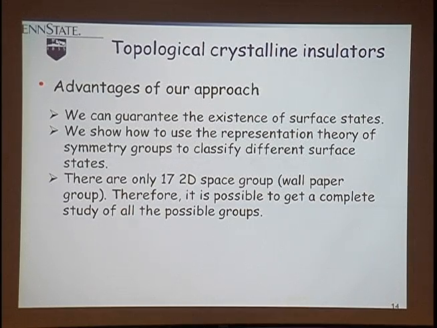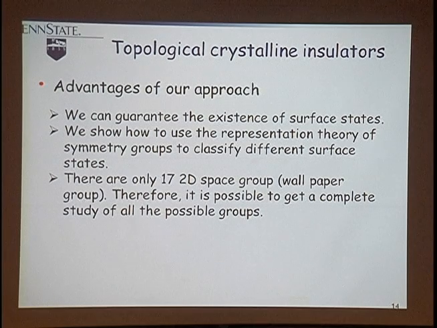And of course, there are advantages to our approach. We can guarantee the existence of the surface state. Another advantage is that in this way, we can very easily use the representation theory of the symmetry group to classify different types of surfaces. Here, we try to classify different types of surface states instead of directly looking at the bulk state.